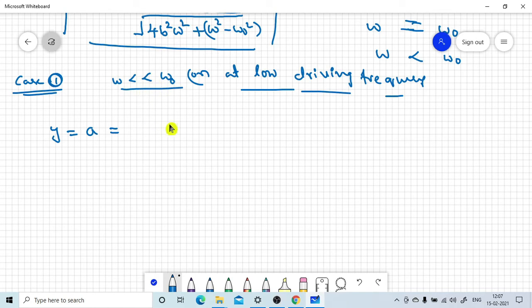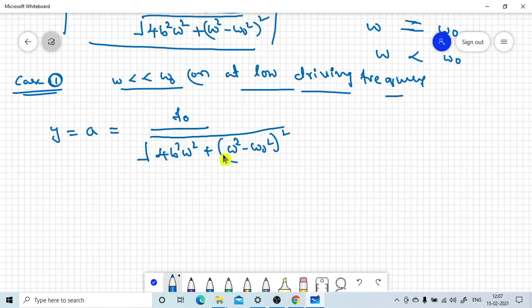So that is equal to f naught divided by the square root of 4b square omega square plus omega square minus omega naught square, whole square here. Please note the previous one also in this one. Now omega is the smaller value compared to omega naught, so I can neglect this term.